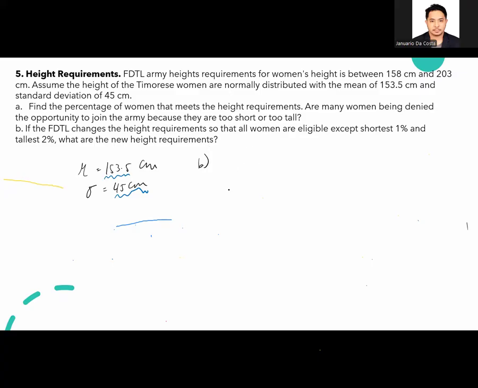So what does that mean? It's assuming this is a normal distribution. Oops, let me get my table down. My drawing is not very good, but you just assume it, okay?